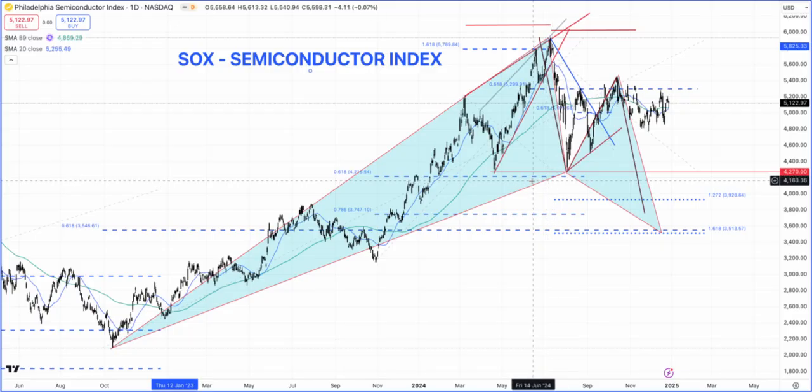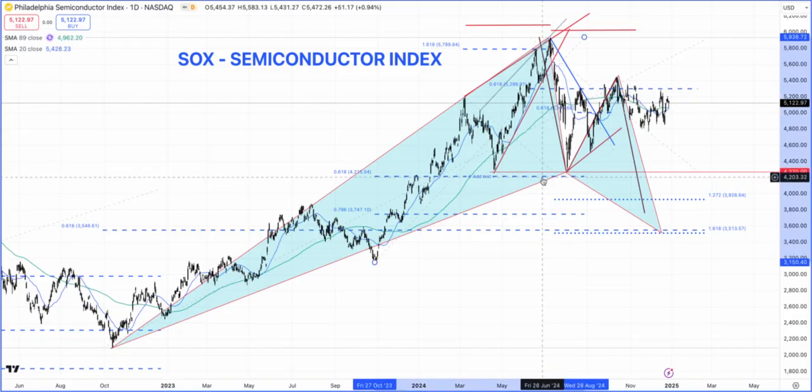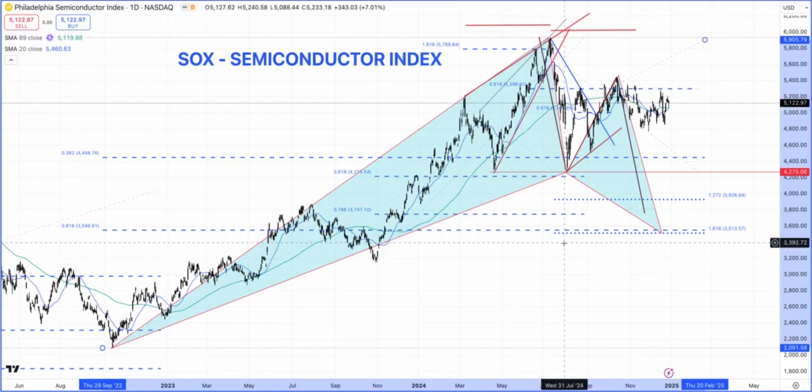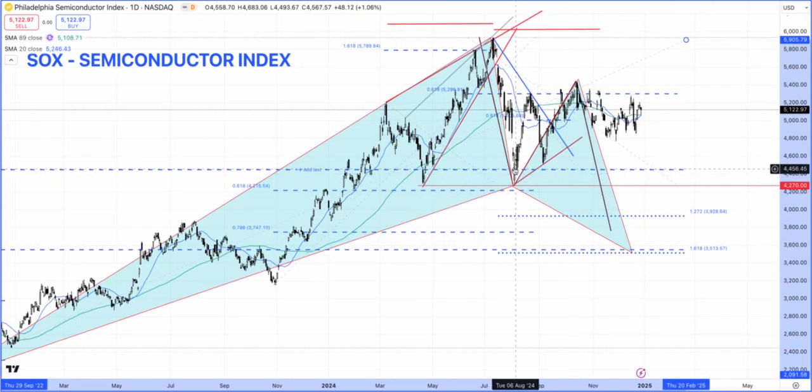I don't think I have got it marked here, but it was nearly 61.8% from here, and from here I believe, let me actually move it back, there you go, so 38.2%. And the move, this is 5th of August, the move was so strong, it went right below that, but it was able to close higher. So this is really important.